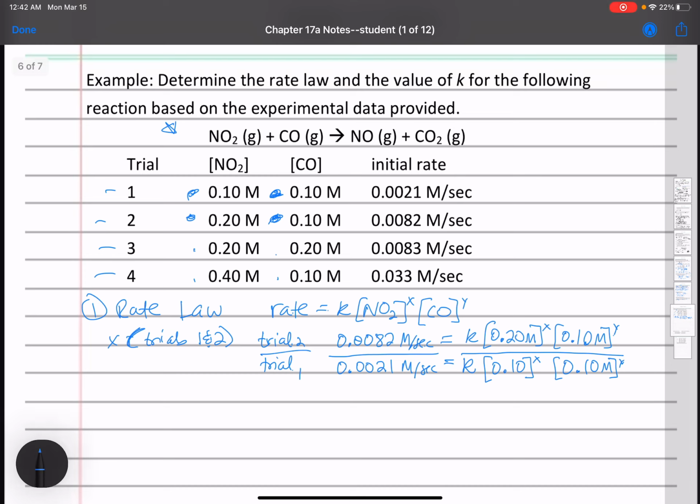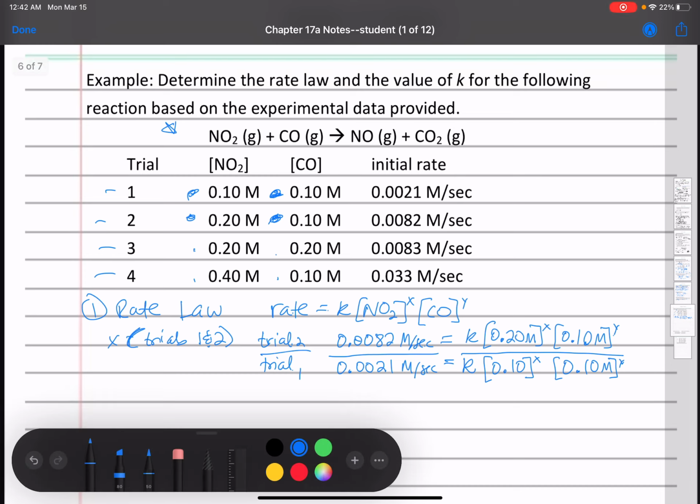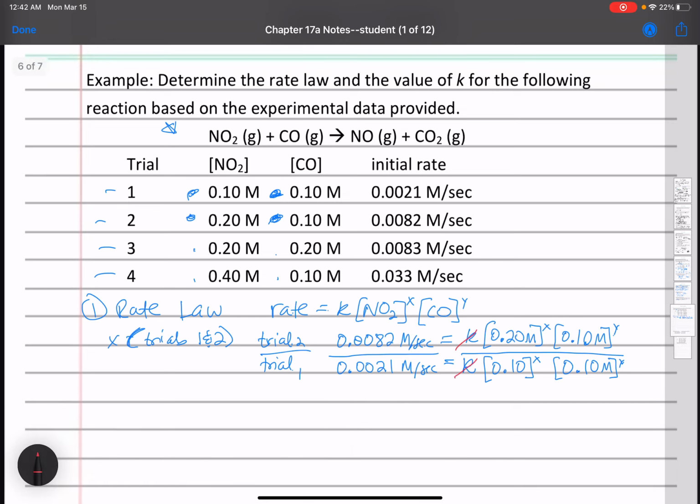Okay, so now we can cancel out K because they are the same. K divided by K is 1. And we can cancel out 0.1 molar to the y power because those are the same as well. And so now we are down to a single variable, x, which is what we're solving for.